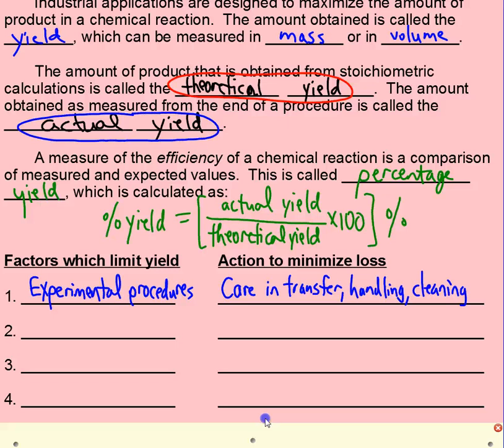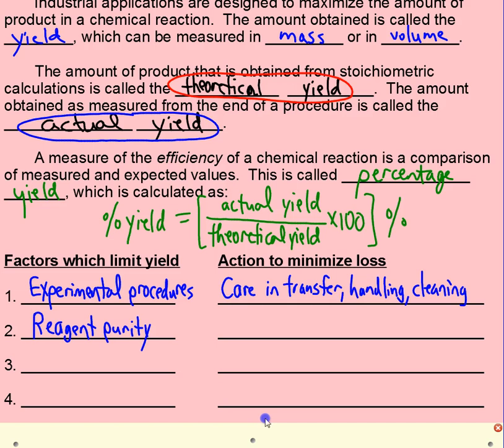The second thing that can be looked at when we consider percentage yield is purity. Okay, reagent purity is a huge factor, and in industry we always seek to use the most pure starting materials.